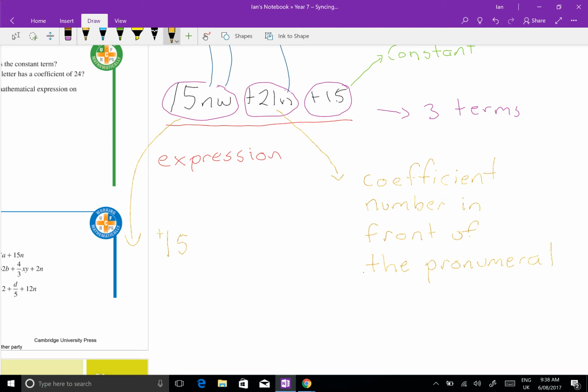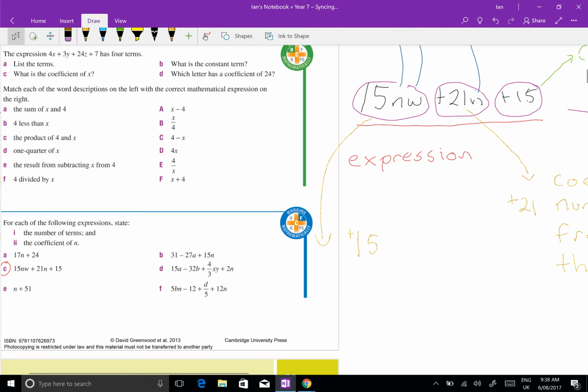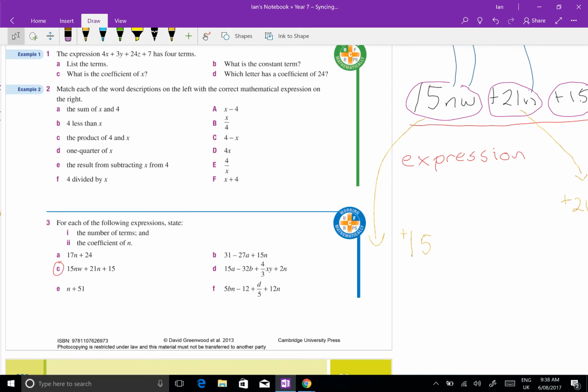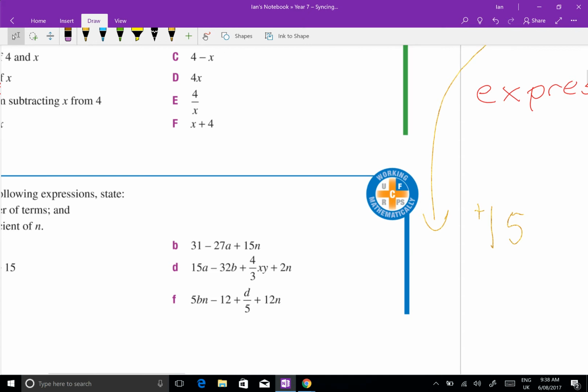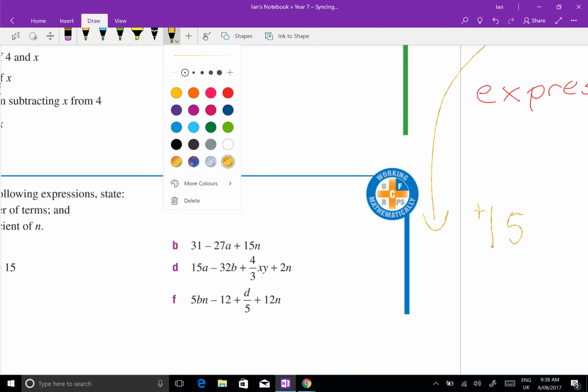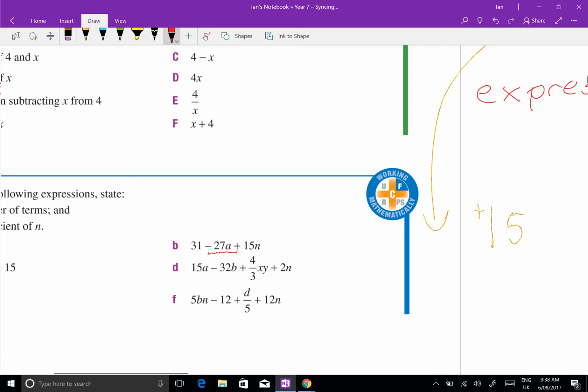And we have to remember it's positive. Sometimes a coefficient can be negative. For example, if I look down here, the coefficient of A is negative 27.